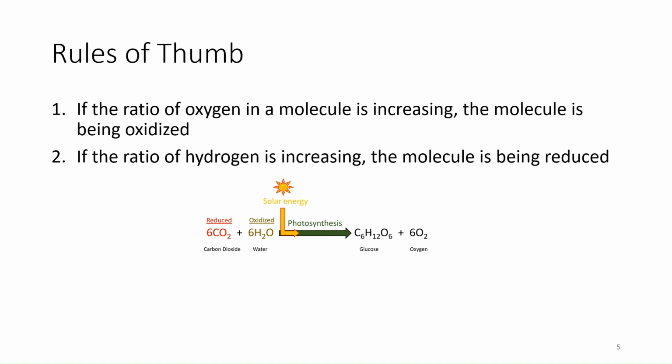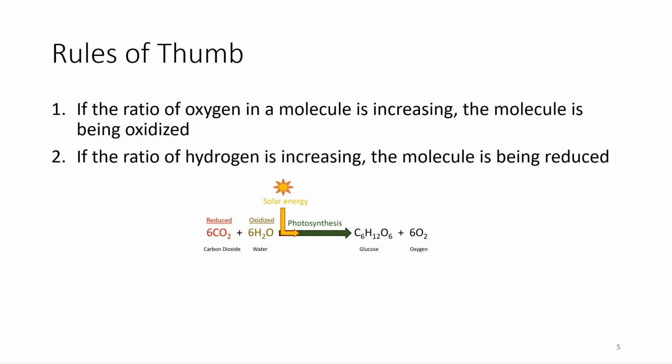So fortunately for us, we see that rule number two applies to this equation too, giving us two clues that carbon dioxide is being reduced. If we look at water, we have two hydrogens to every one oxygen. And if we look at the other side of the equation, we see six O2s present.